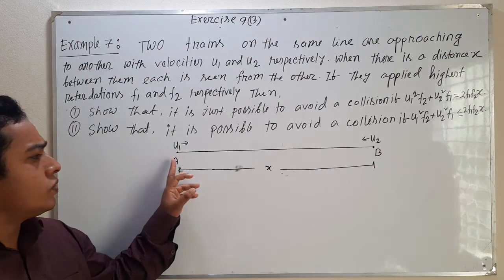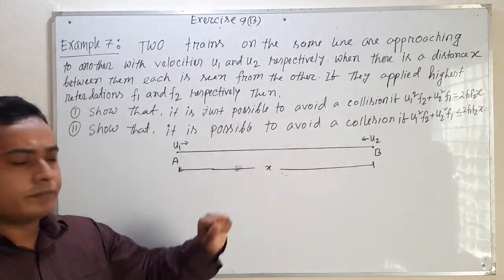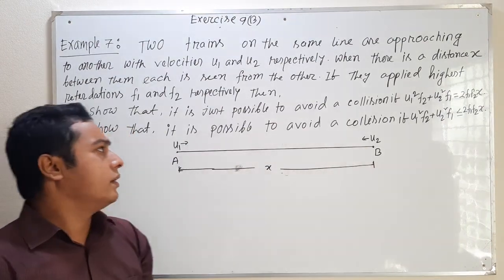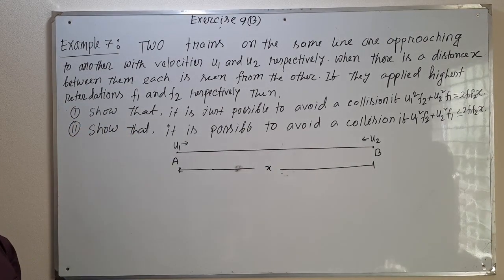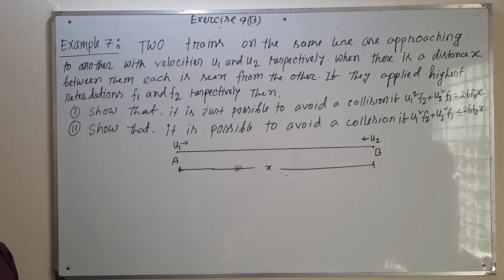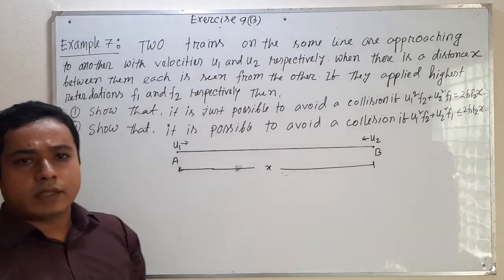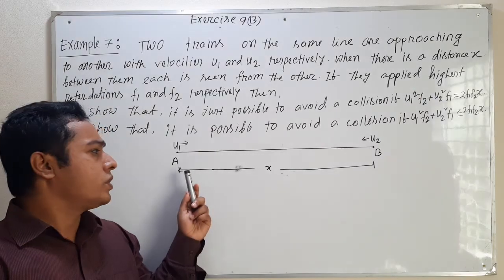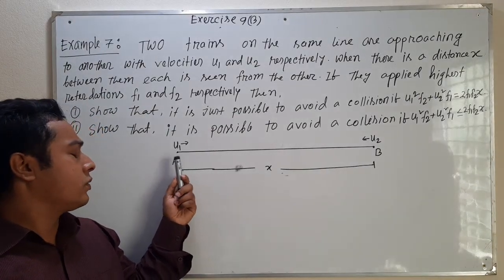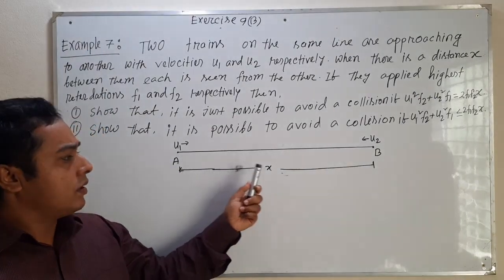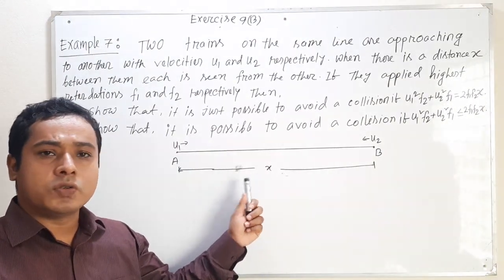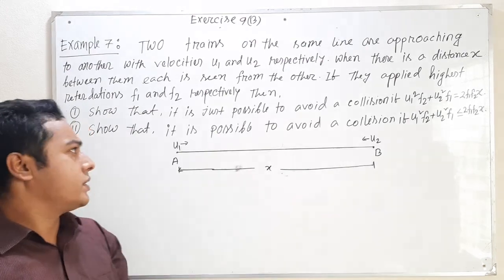If they apply the highest retardation, the two trains will stop within the distance x, otherwise they fall into collision.